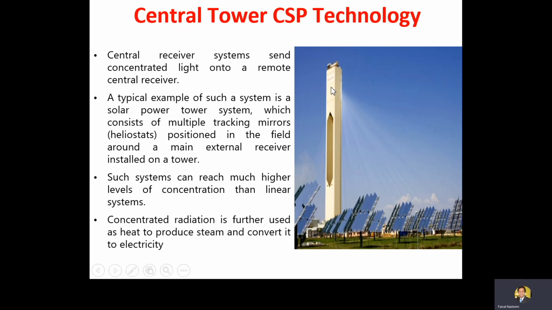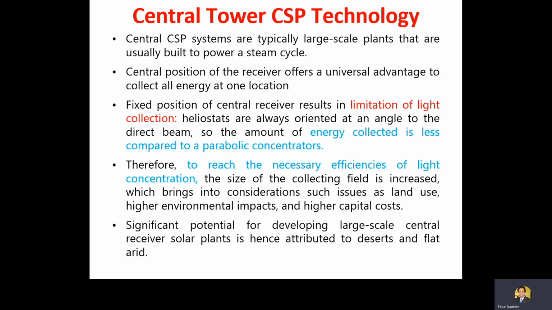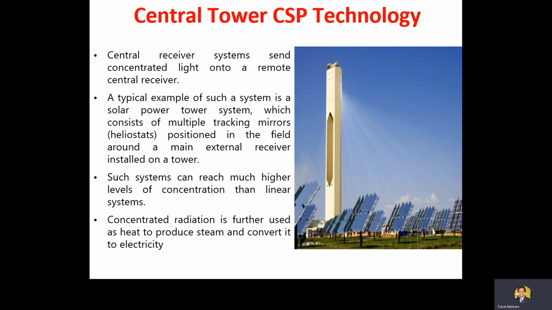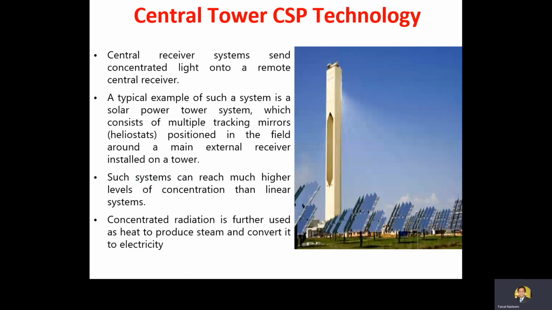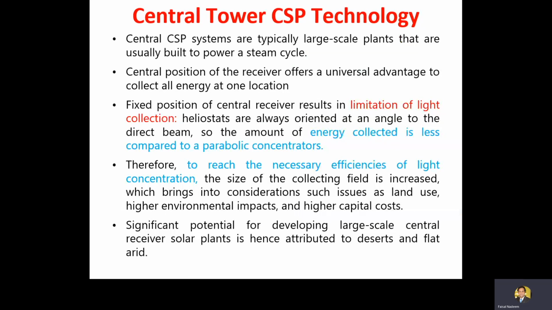The reflected rays here are further used to heat the steam and convert it into electricity, and I have already explained that to you. Central receiver concentrated solar power plants, which we are discussing, are typically large scale and are usually built to power a steam cycle.